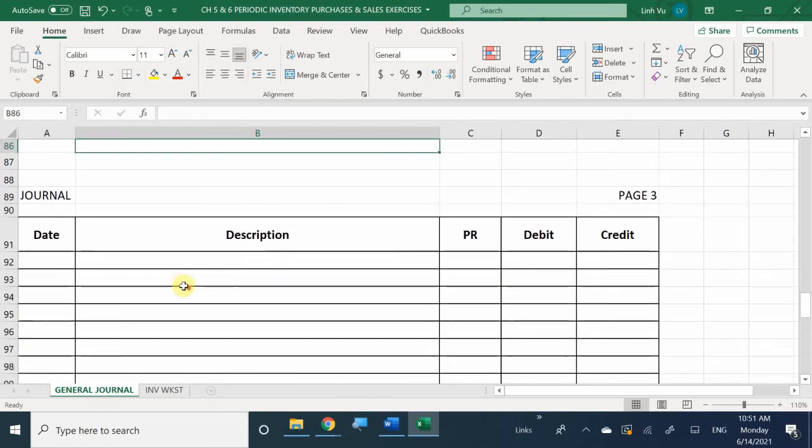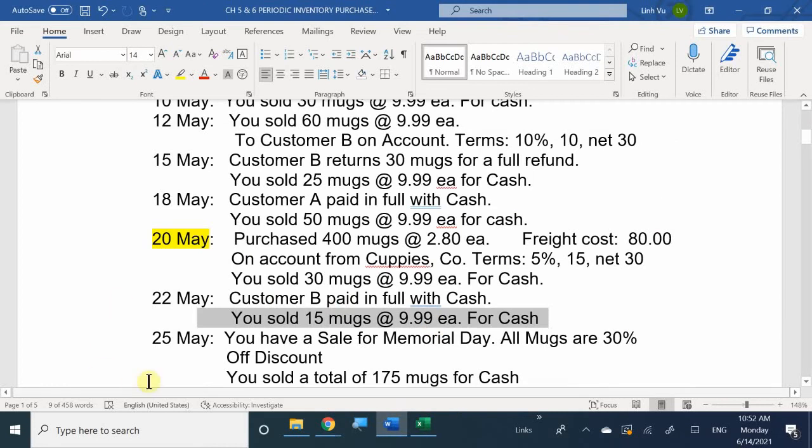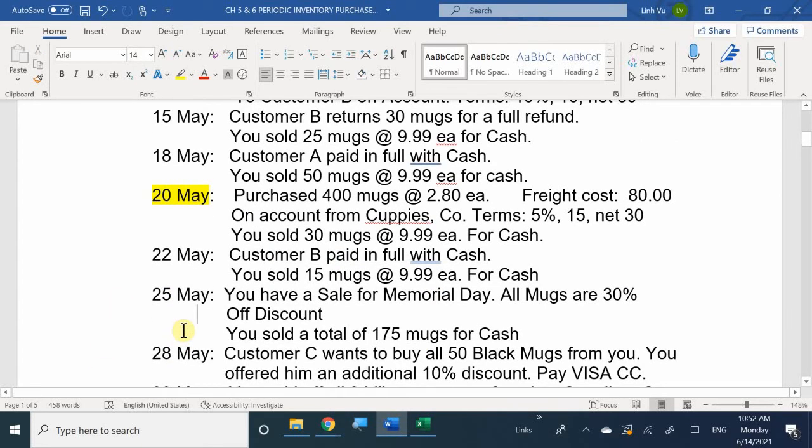So we finished this journal here. Now we're on to our new journal. Let's see what has happened on the 25th of May. So you have a Memorial Day sale and it's 30% discount off of the $9.99.